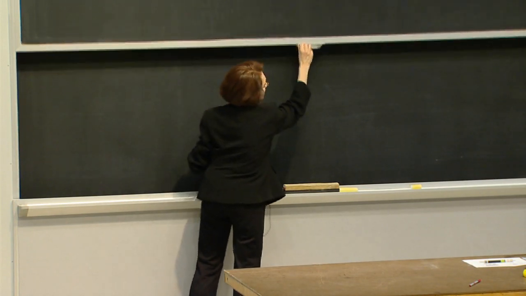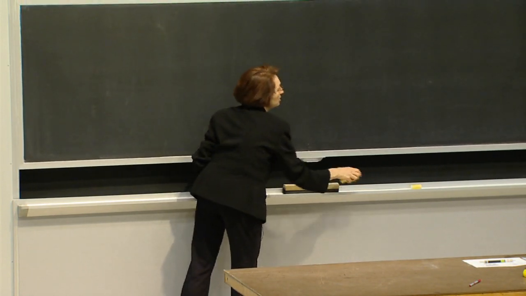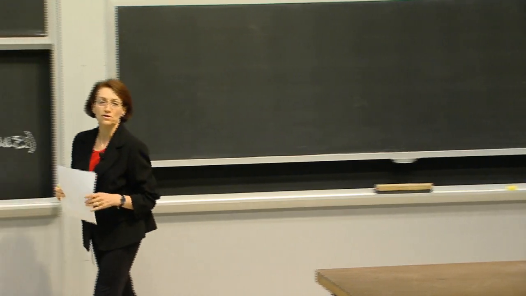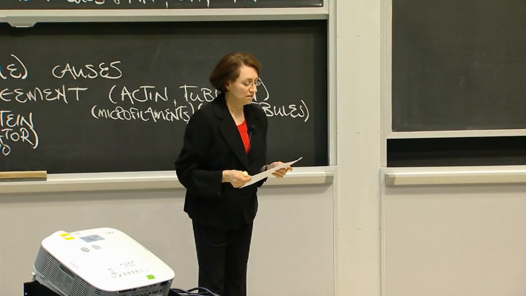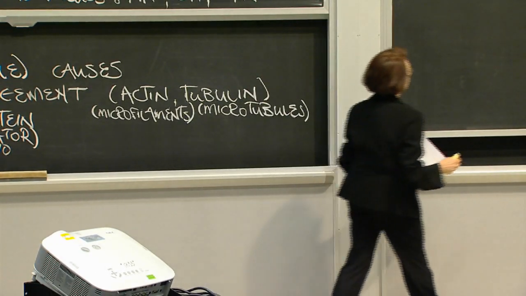Let's start by tackling the first question. How do you put different cell types in the correct place? There are three possibilities, all of which are used by the body.